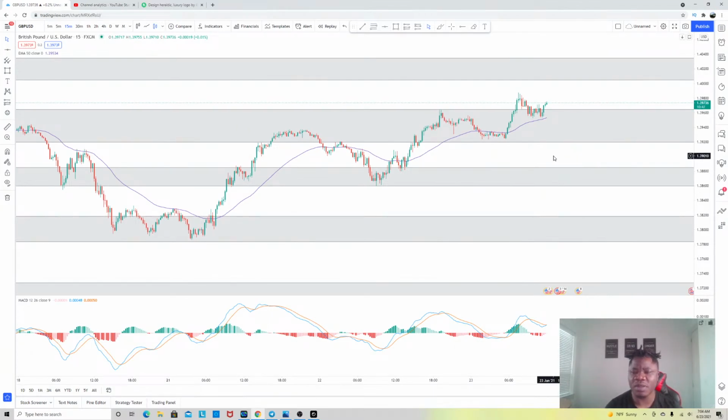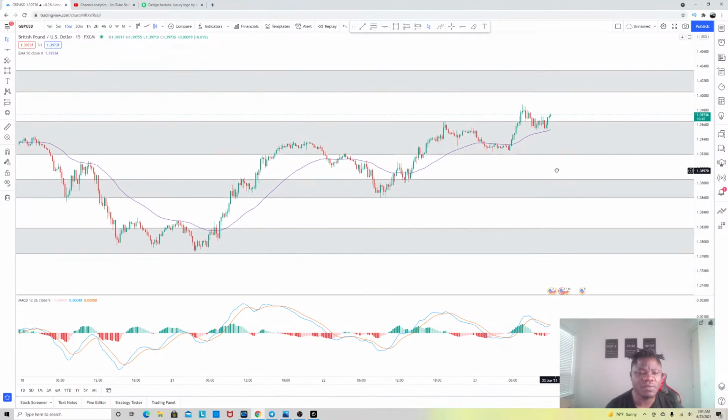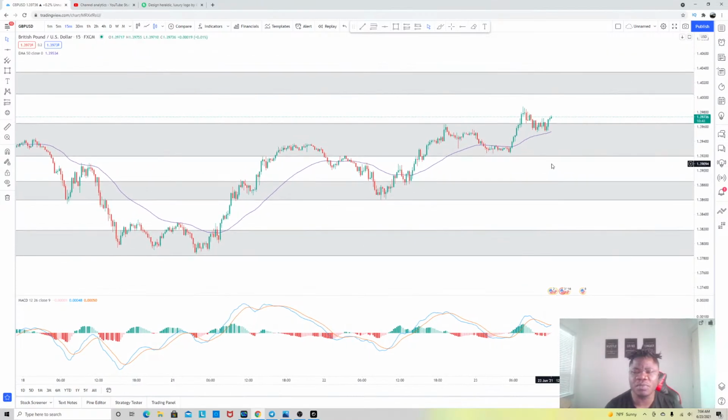So far, what I'm seeing with GBP USD, we'll be getting in on this buy.